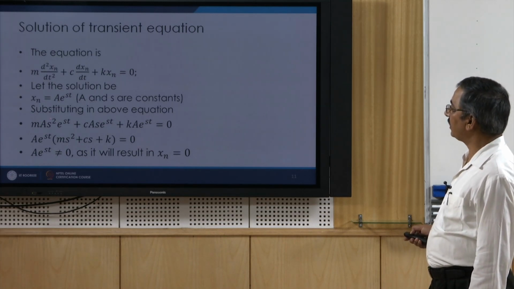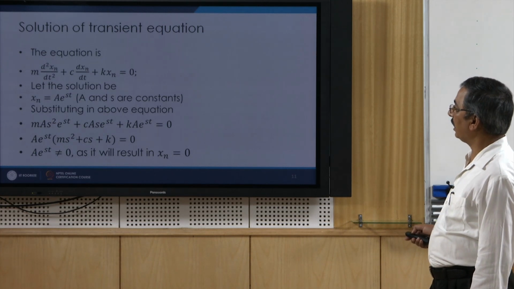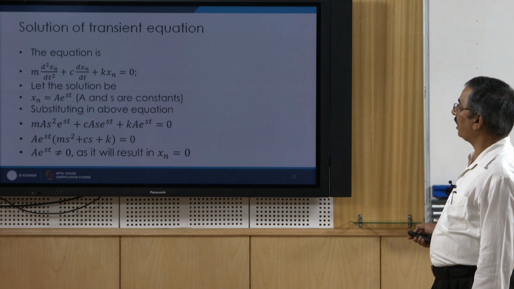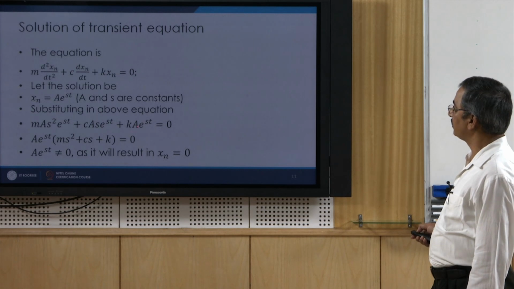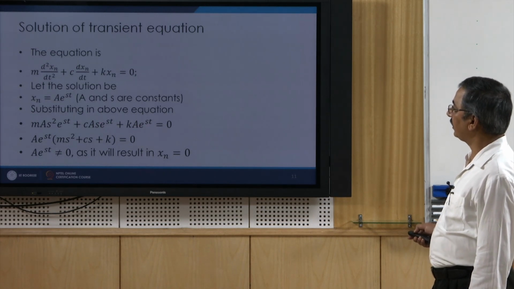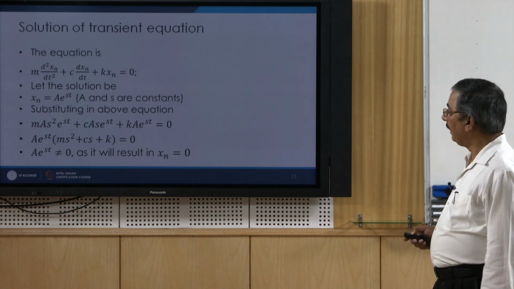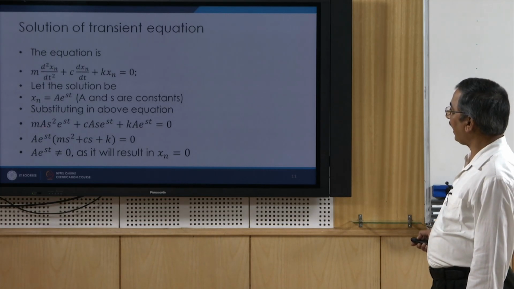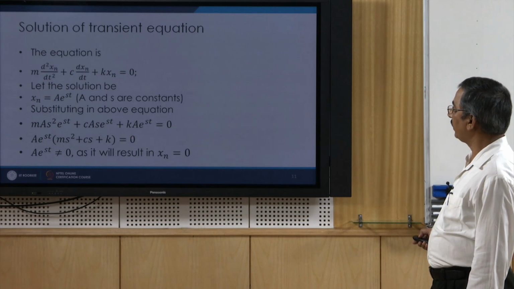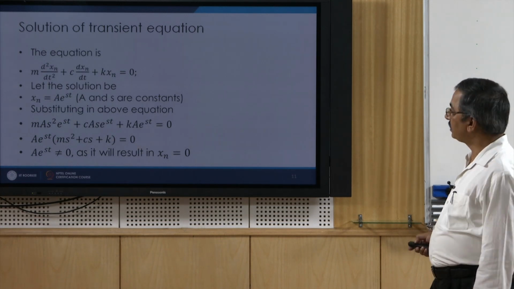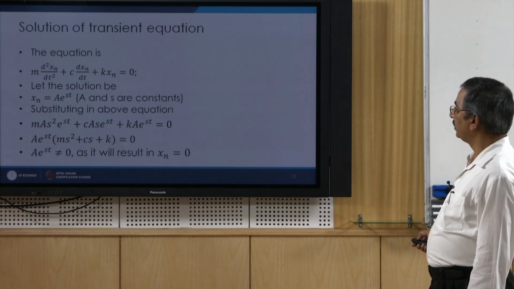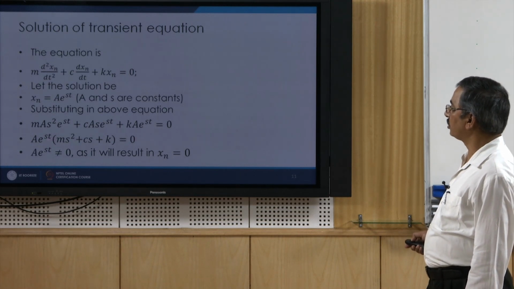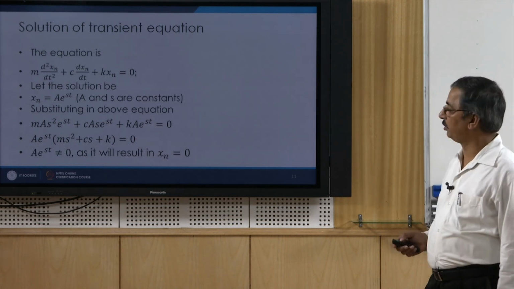Okay. The s square term I am getting here because there is twice differentiation, and the s term I am getting here because there is once differentiation, and here we are substituting as it is. Now, if I take this a e to the power st term outside, then this is what we have. Now, you see this product is going to be 0. So, either one of them has to be 0.